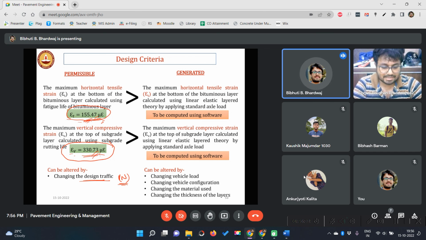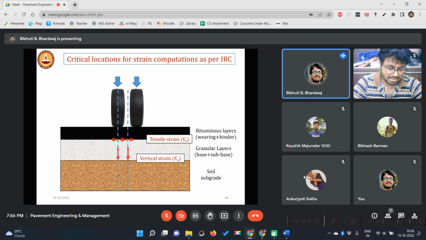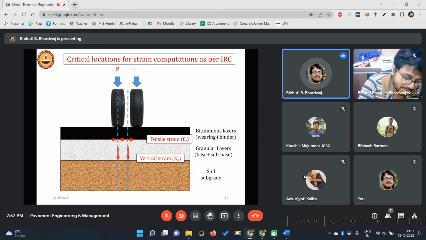Now, what is the generated strain? We need to know how much load is coming, right? We need to know where to calculate, what are the points where it should be calculated, right? That we already know, at this layer and at this layer, and at this layer also 2 points.